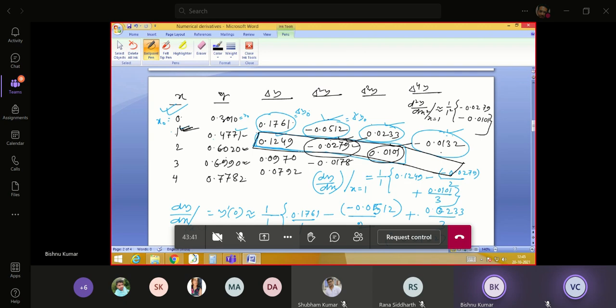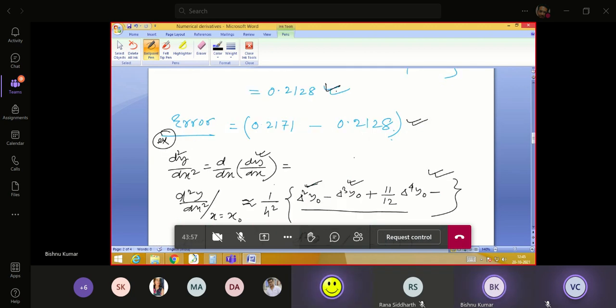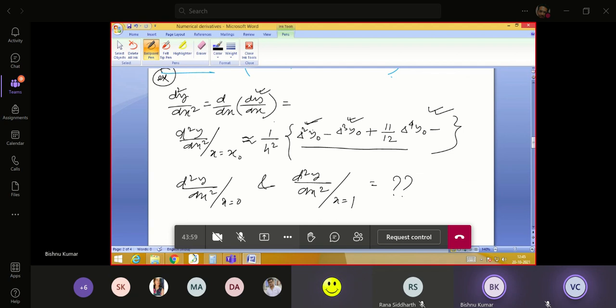You got my points? Yes, sir. Second derivative, sir? Yes, sir. You just relook. Second difference minus third difference plus 11 by 12 fourth difference.